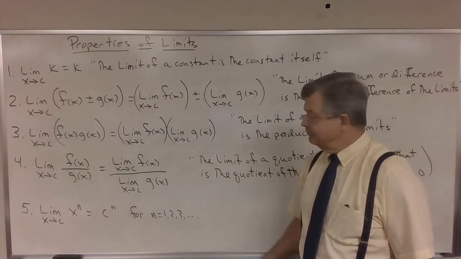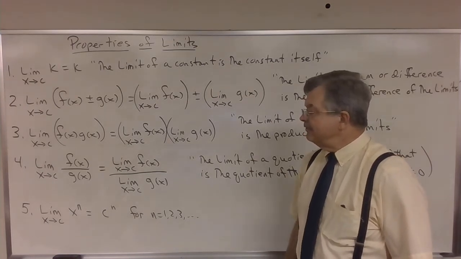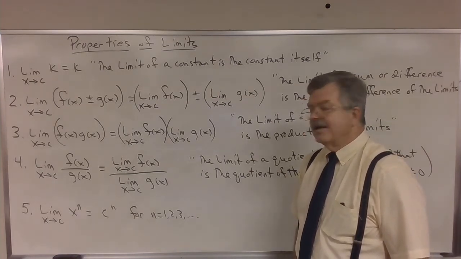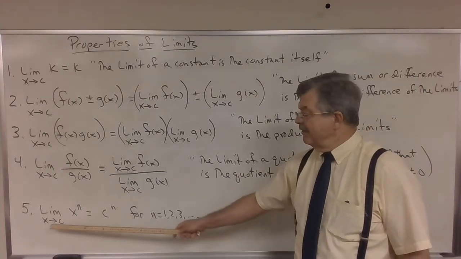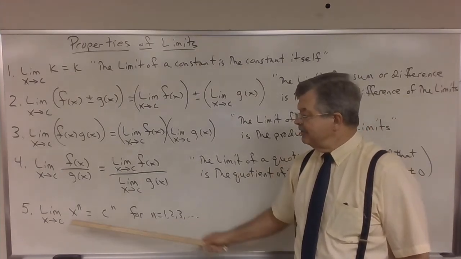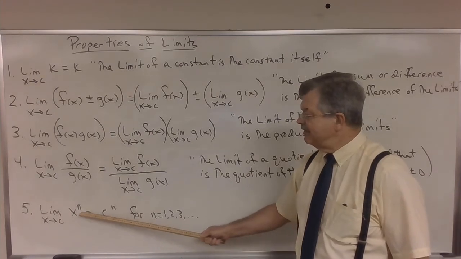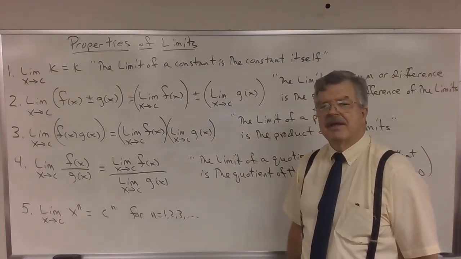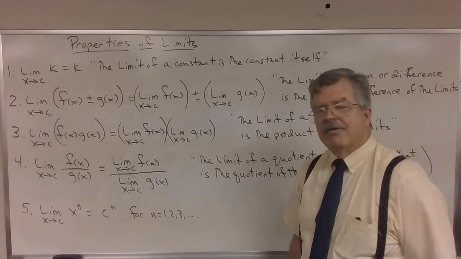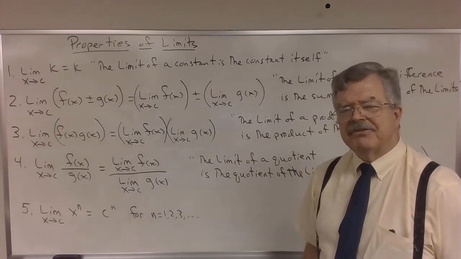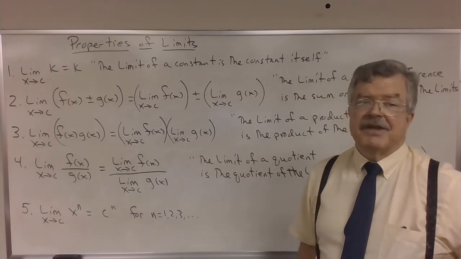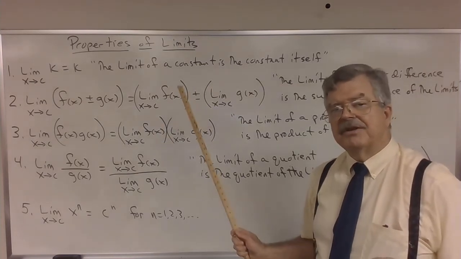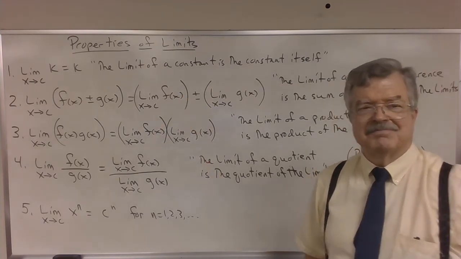So for x to a non-negative whole number power, if we compute the limit as x approaches c, we can just plug in c for x. So now that we've been over the properties of limits, let's just do an example just for the sake of reinforcing what we just discussed.